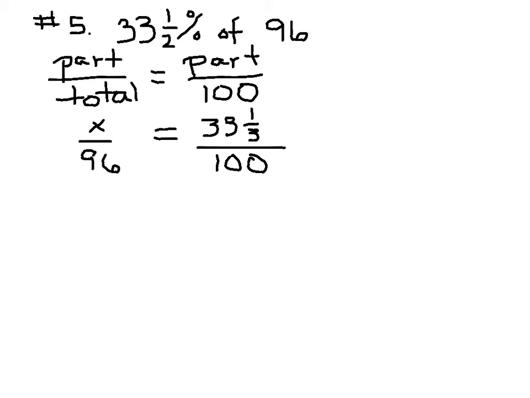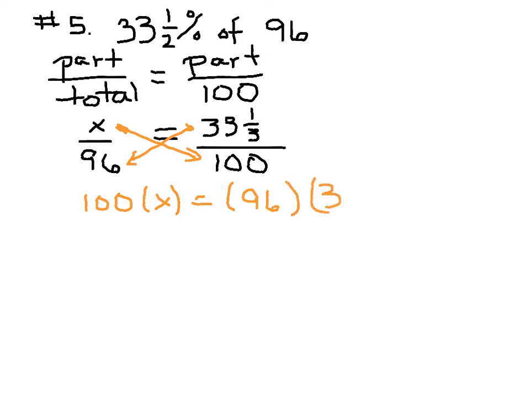So once again, guys, this simply becomes a single fraction equal to a single fraction, so I'm going to cross multiply. That's going to give us 100 times x is equal to 96 times 33 and 1/3.